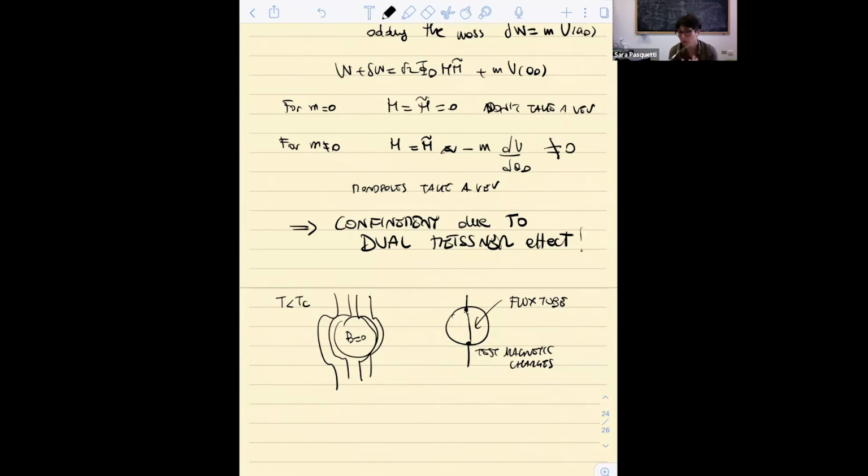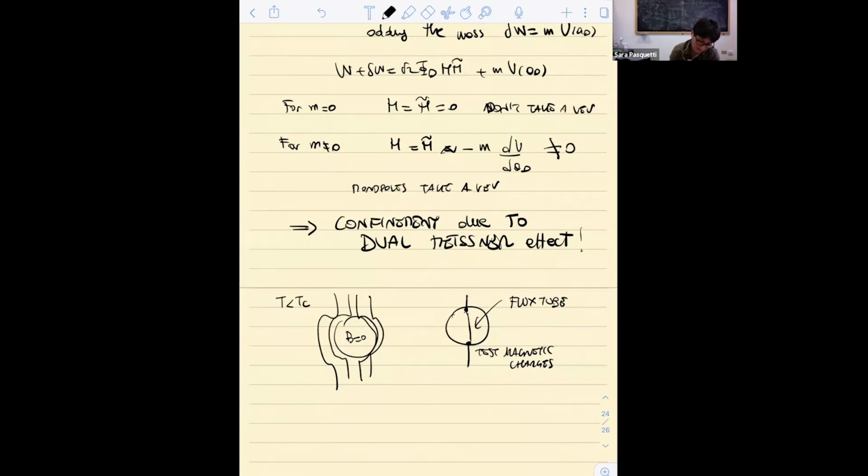Now you want to do the dual. In the dual configuration, it is the electromagnetic field that is expelled, and it forms a flux tube responsible for confinement. So in this configuration, the object that is condensing is supposed to be the monopoles, rather than the electrons that would sit in the Cooper pairs and then condense and produce the Meissner effect.